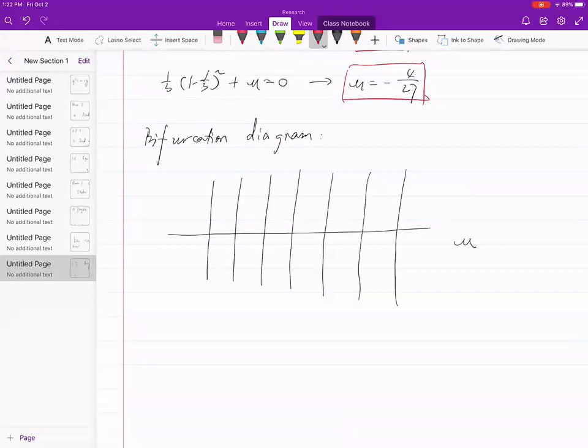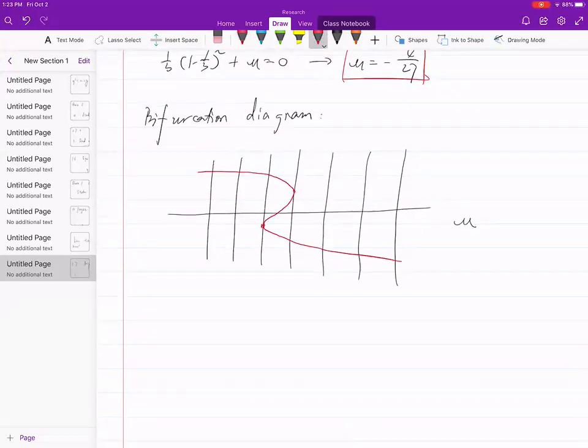Therefore, the graph should look like, let me see, how do I want to draw this? Let me just draw this. Like that.